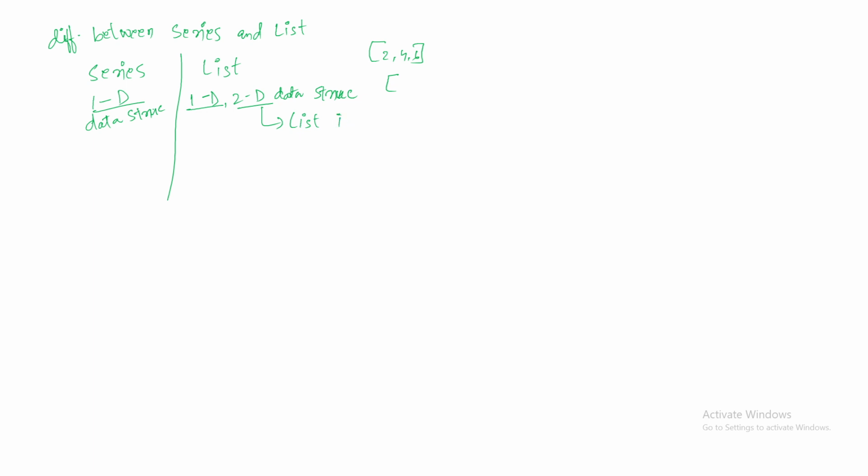So list inside list, what happened there? Suppose 2 I have written. Chalo, list inside list. 2, 4, 1, 3. This is a nested list. Clear?